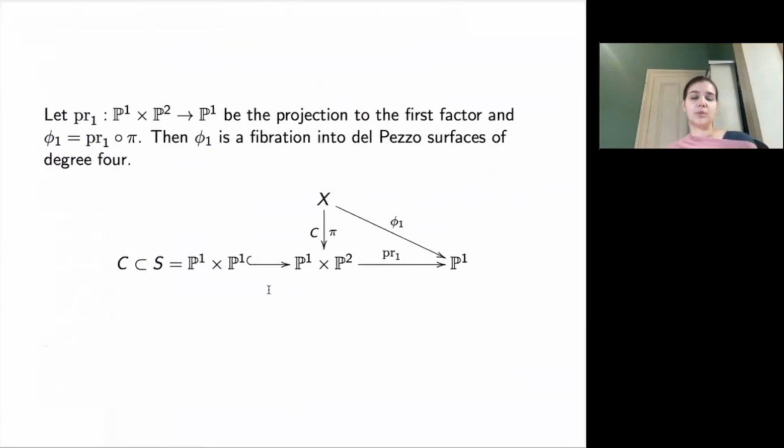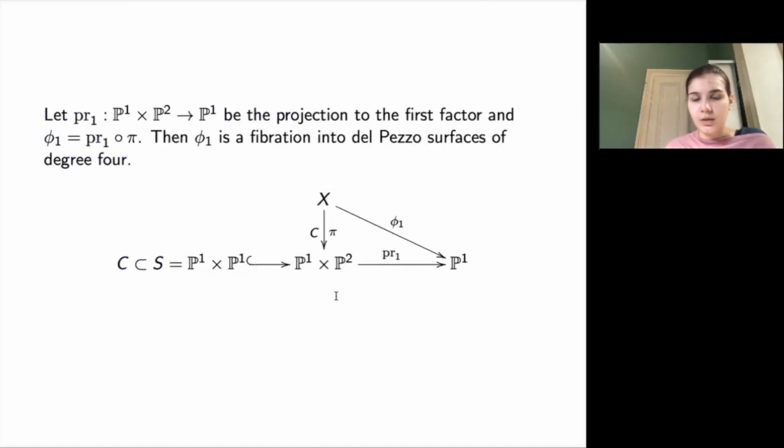But how do we prove it? What do we want to prove in the end? So first of all, we can consider the projection of this P1 cross P2 on the first factor, and notice that the composition of the blow-up with this projection gives us the fibration into del Pezzo surfaces of degree 4. Why is that?